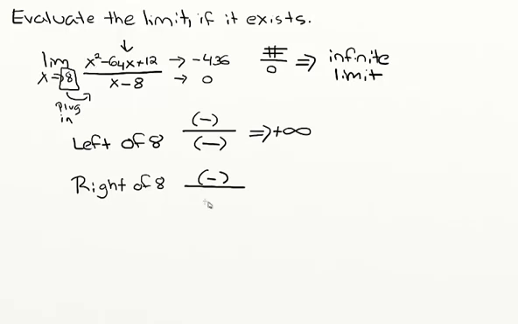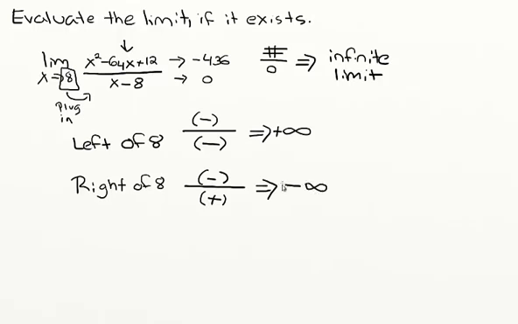So when we subtract them, that's going to be negative. Then our x minus 8 now is going to be positive, right? Because we have a number greater than 8 and we're subtracting 8. So we're going to have very large negative numbers in the numerator divided by positive numbers in the denominator. So that's going to trend towards negative infinity.